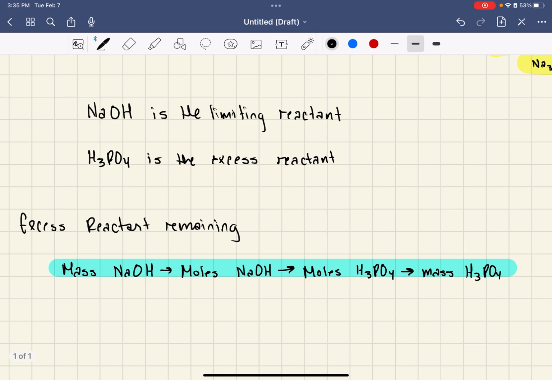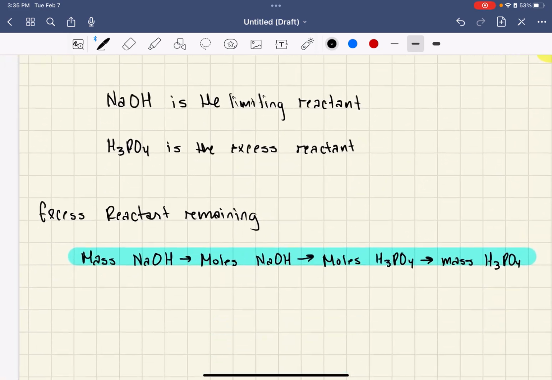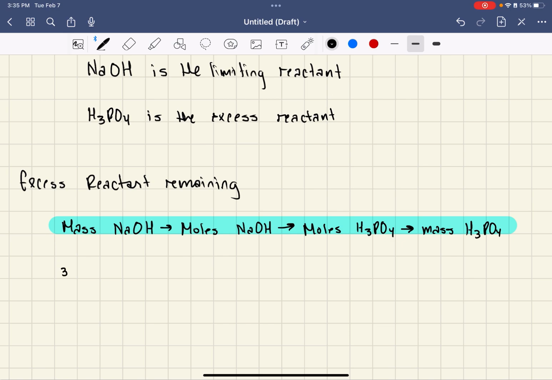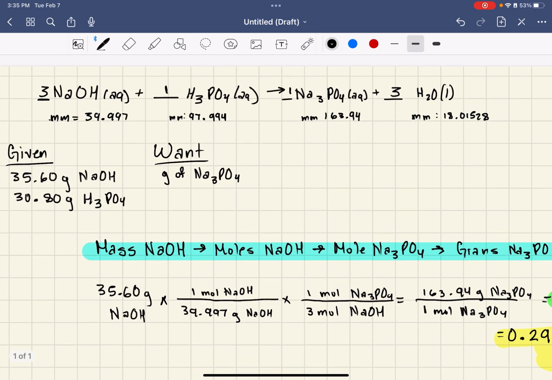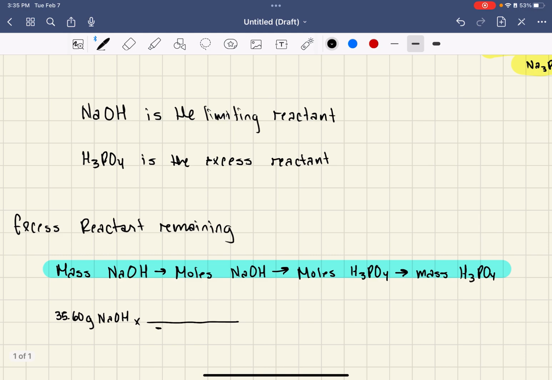So we know that the mass of NaOH that was given to us is 35.60 grams. And we know that the molar mass of NaOH is 39.997. That will equal 1 mole of NaOH. Now, once again, we're going to look at the mole-to-mole ratio here.